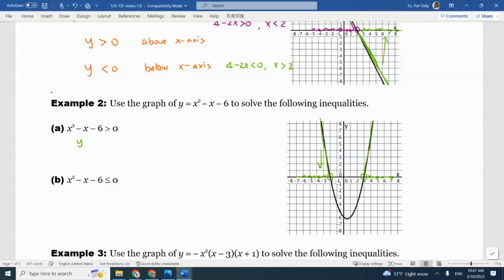Okay, so the y greater than 0, and when you project down, your x is either less than -2 or greater than 3. If you want to use interval notation, you put minus infinity to -2, parentheses because you don't want to include the endpoint. Union 3 to infinity. Right, everybody?